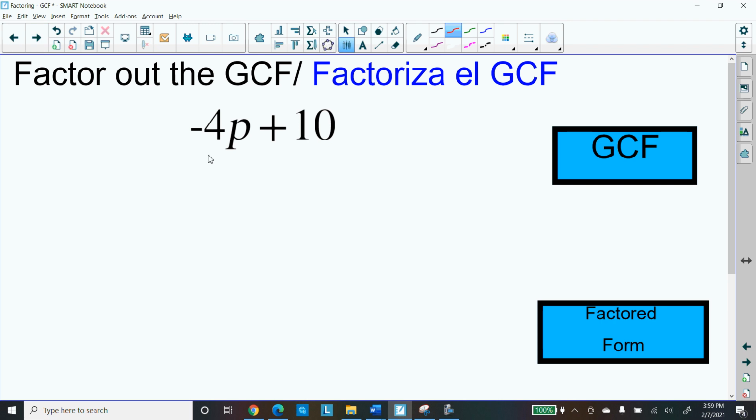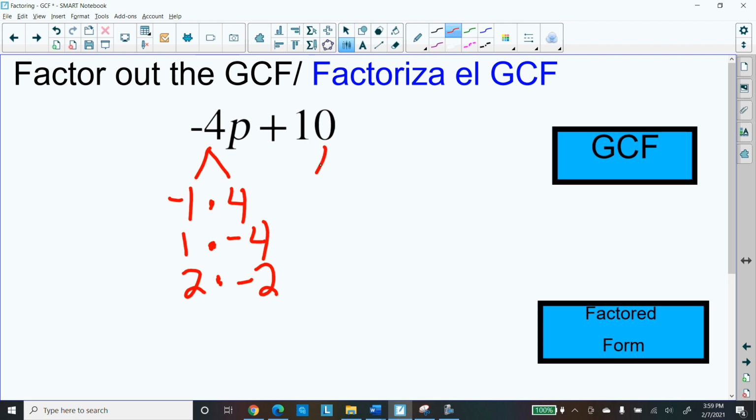This time we have a negative number with the P. So we got to factor that out. So it should be no problem. Let's write down the factors. -1 times 4, or 1 times -4, 2 times -2, which is -2 times 2.